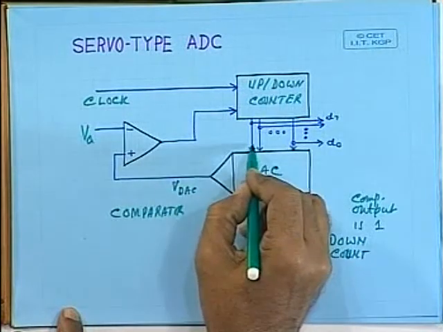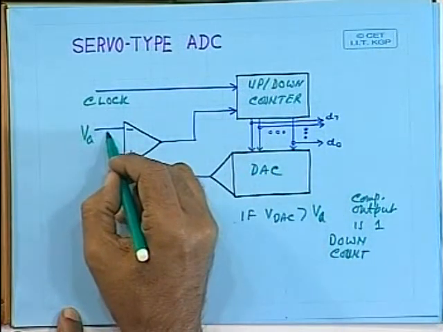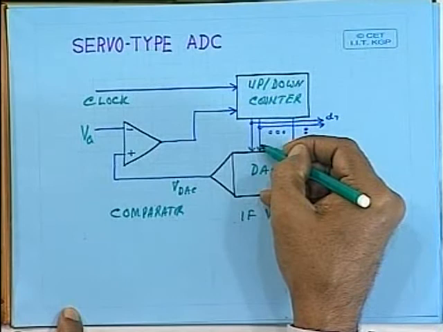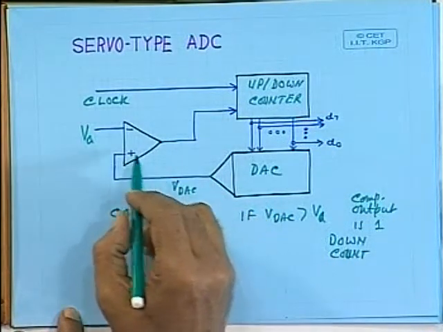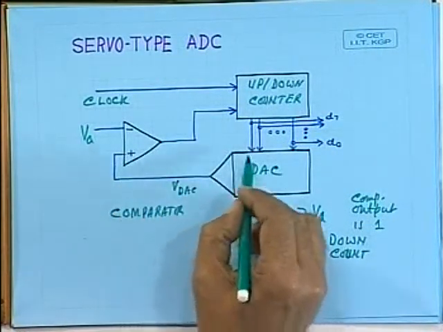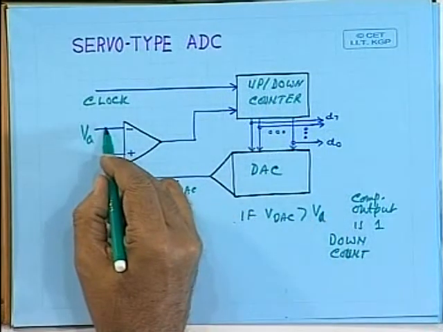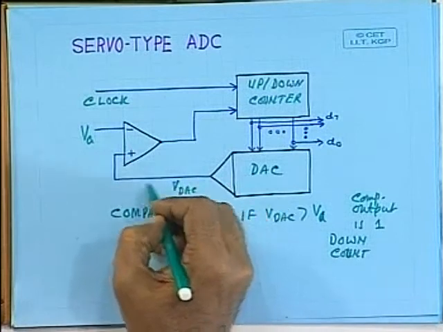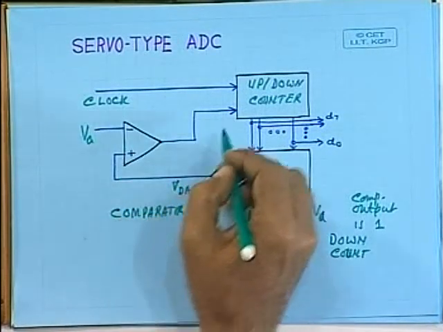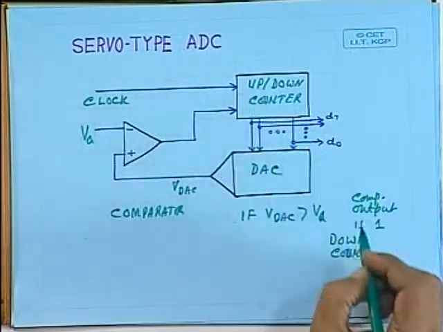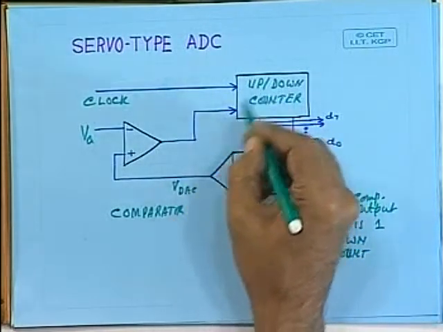Because the voltage you are getting here is more than this, you down count, until the count value corresponds to a voltage which is the same as this one, and at the next point it becomes lower than that, then it will up count. So in this way it will keep on doing up count and down count.